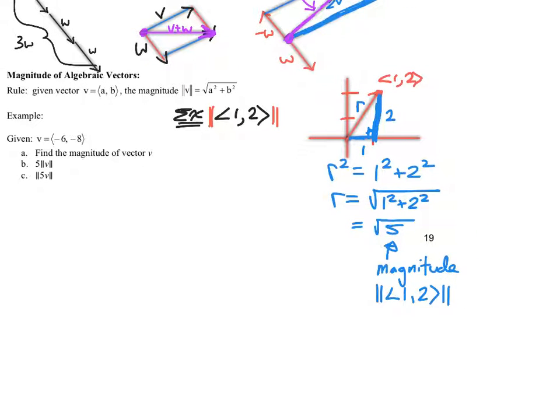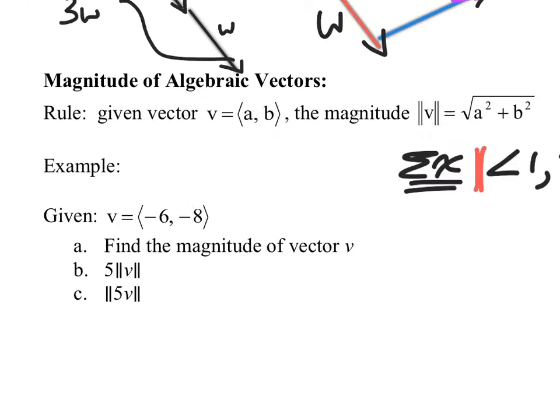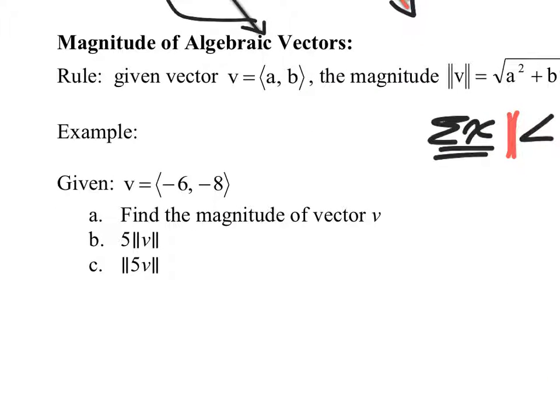All right. So this example is just asking you to find the magnitude of vector v and then apply some properties. Those properties are just asking you to take the magnitude. So here we're taking the magnitude of v and then multiplying it by 5.